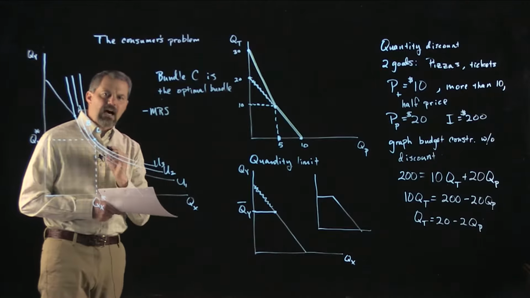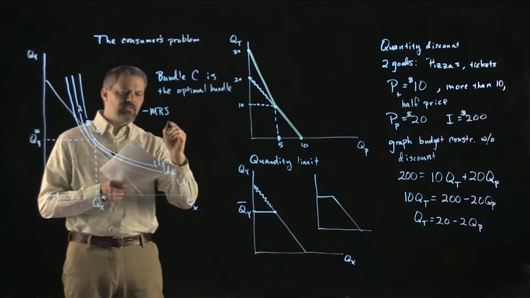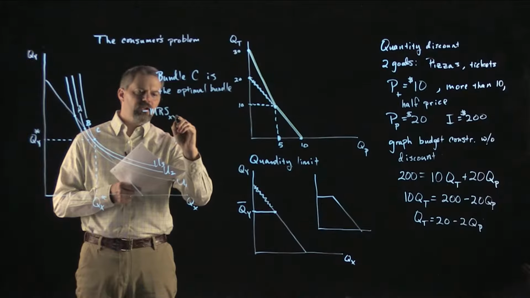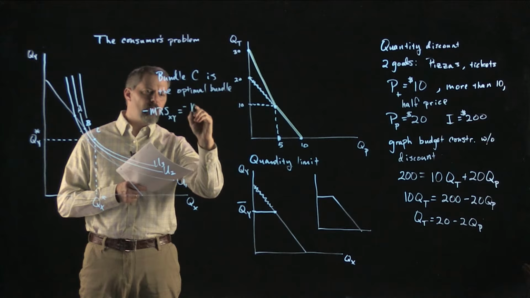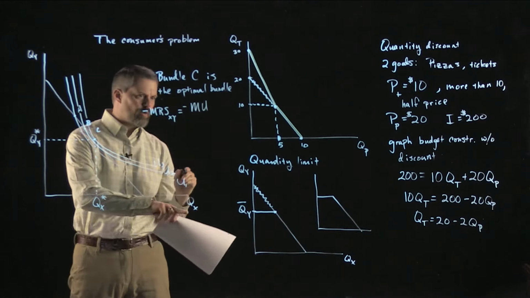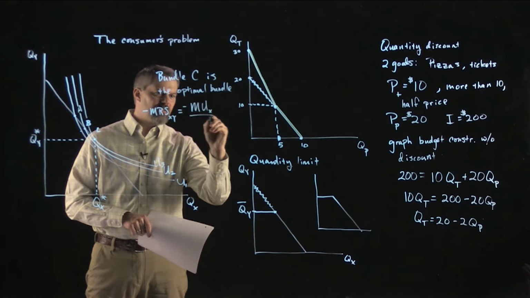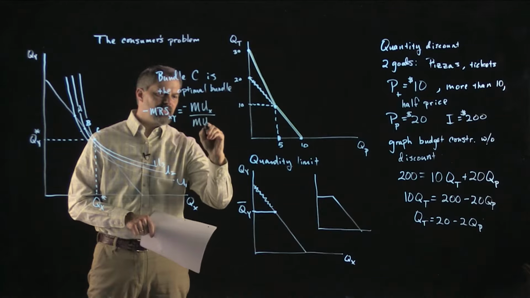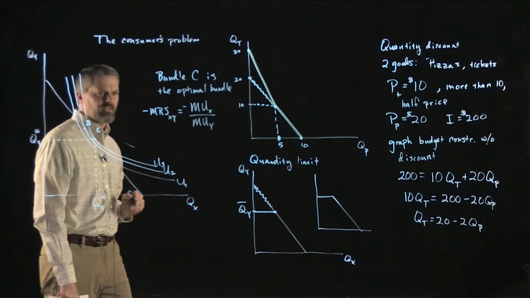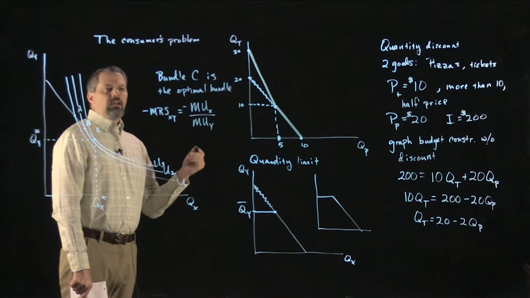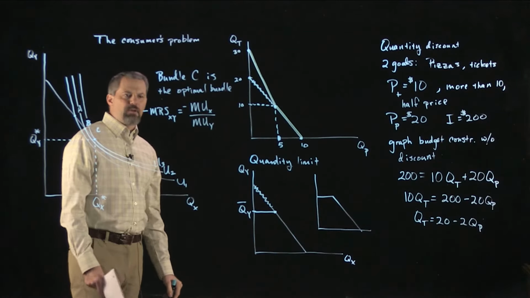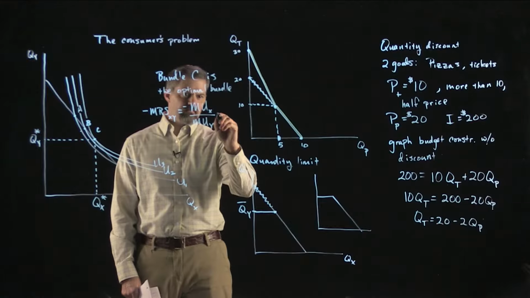So at the optimal point, the marginal rate of substitution of good X for good Y, which we know is equal to the marginal utility of the good on the horizontal axis divided by the marginal utility of the good on the vertical axis. It's the ratio of the marginal utilities. That's equal to the slope of the budget constraint.